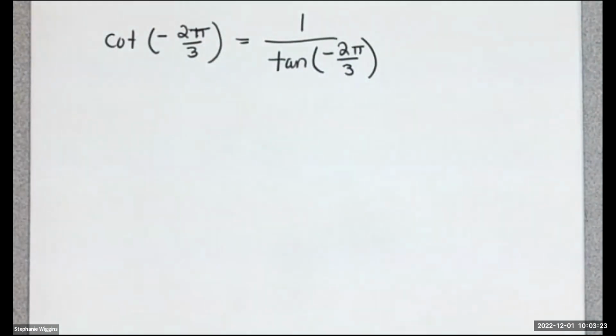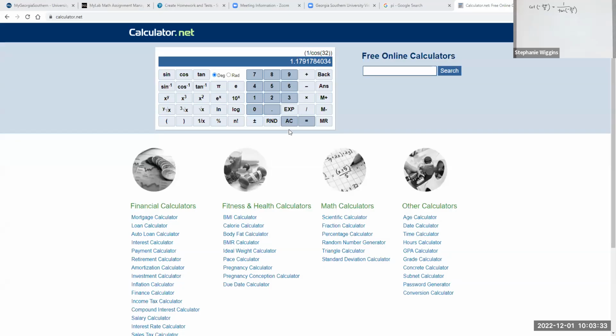Okay, so going to the calculator. Notice it's in degrees. I've got to switch it over to radians because my angle is in radians.